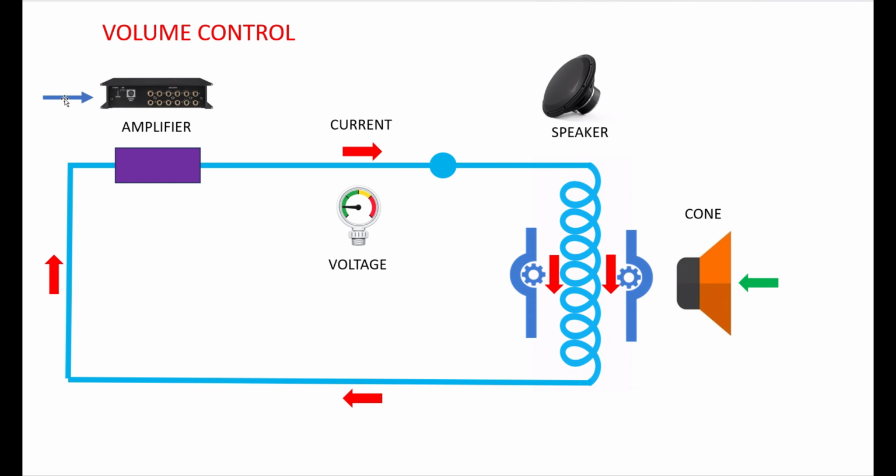So if you turn up the volume on your phone or your head unit or whatever, this input signal will get bigger, and the amplifier will match it by increasing the output, making the output signal bigger, which means more voltage, which means more current. More current means more force on the voice coil, which means the cone will be pushed further and it'll make a louder noise, right? So it's pretty simple.